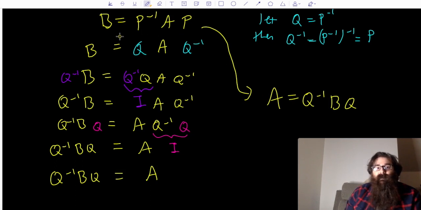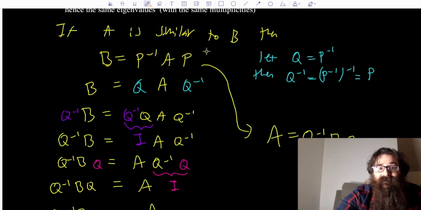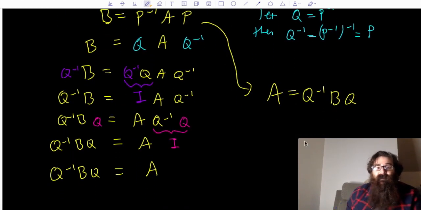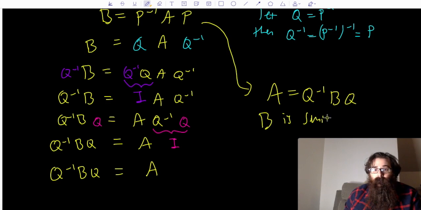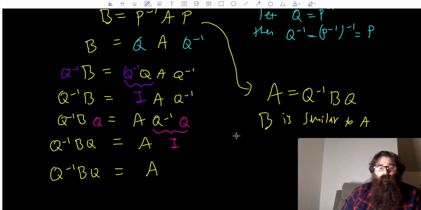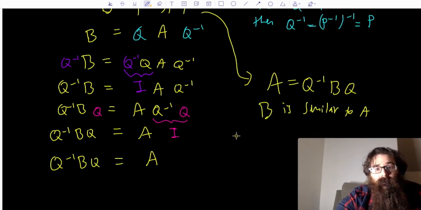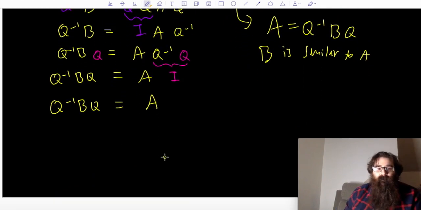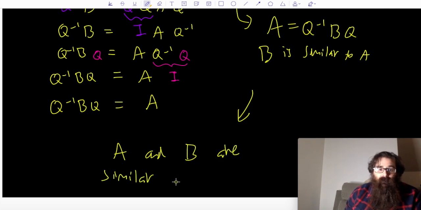If B is equal to P inverse times A times P, that means A is similar to B. Then saying that A is equal to some invertible matrix's inverse times B times that matrix, A equals Q inverse times B times Q, means B is similar to A. So if A is similar to B, then B is similar to A, and then we just celebrate by saying A and B are similar matrices.